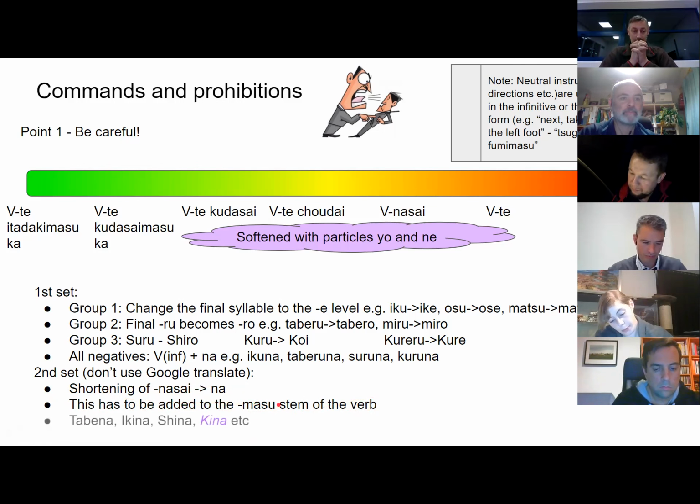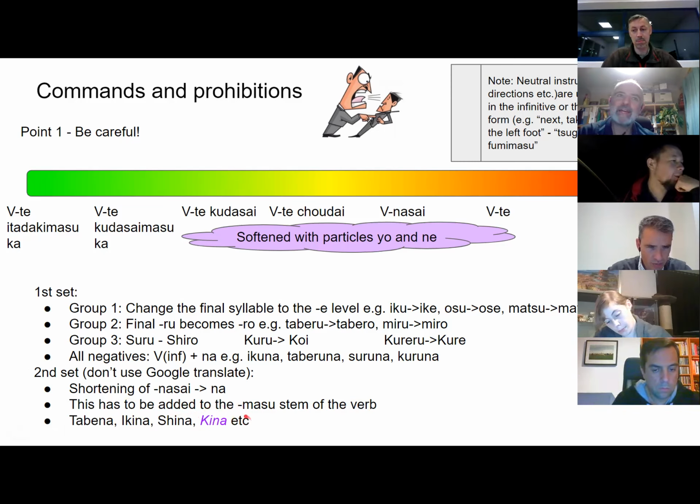Do it. Tabena, ikina, shina. The only exception is kuru. Kina is grammatically correct, but because this sounds like so many other commands, usually koi is the only way of saying come as a command. Koi.